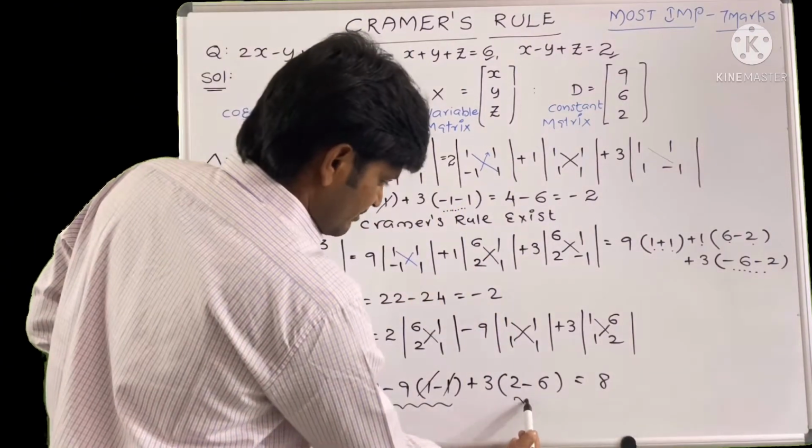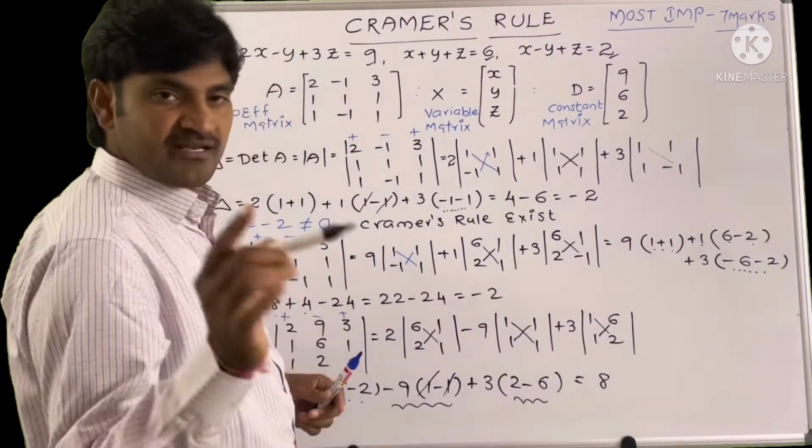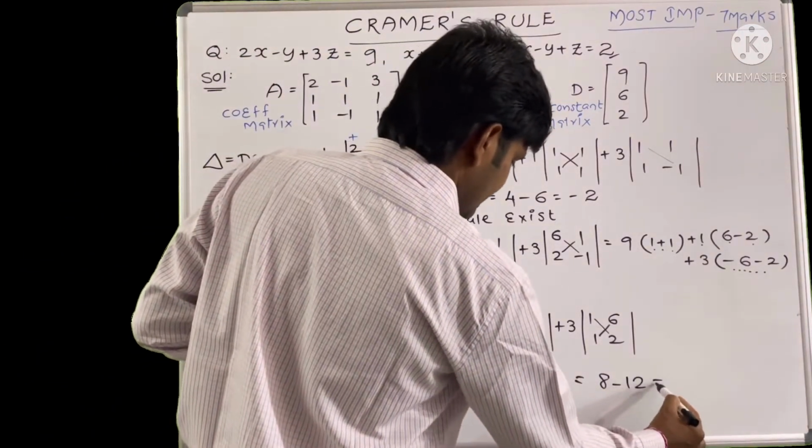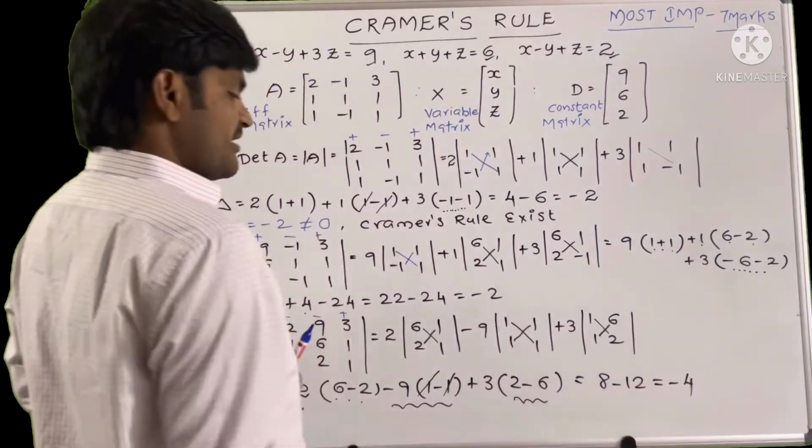So 2 minus 6 is minus 4, 3s are minus 12, and the answer is minus 4.